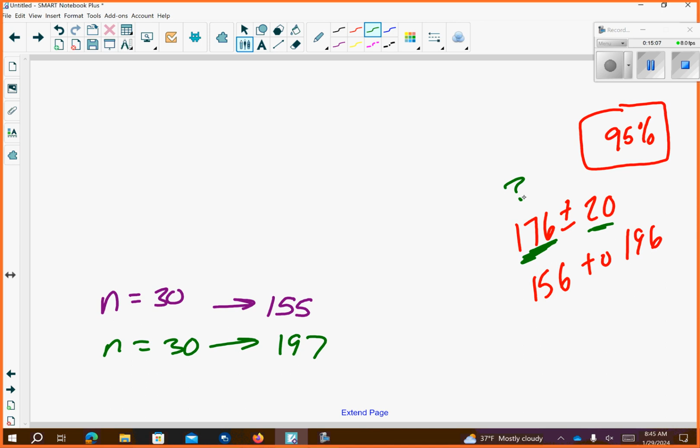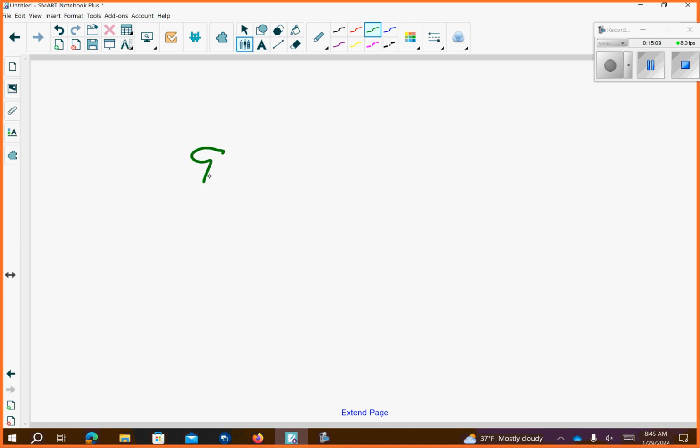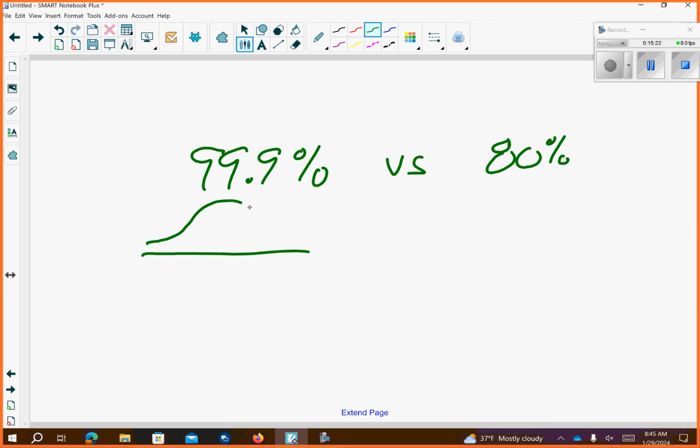Okay, so we have to kind of get our mindset that 99.9 versus 80% confident. If I talk about a margin of error here, you're talking about a huge amount of area under the curve that's going to take place.